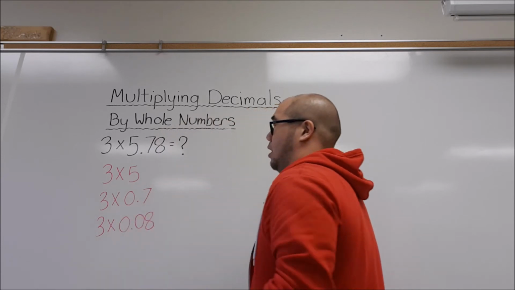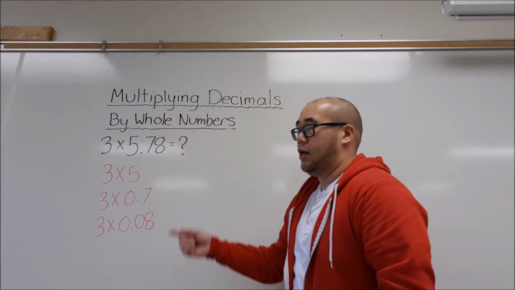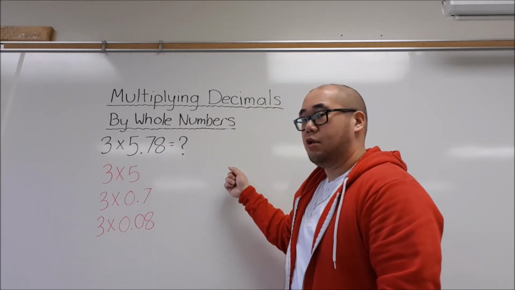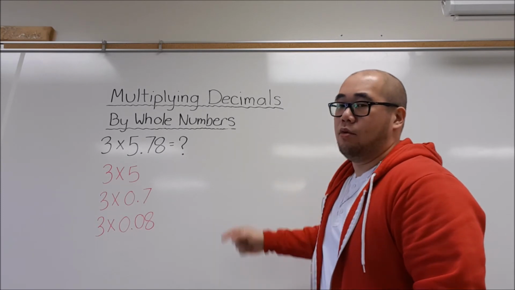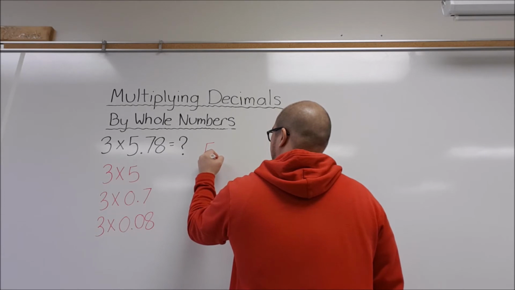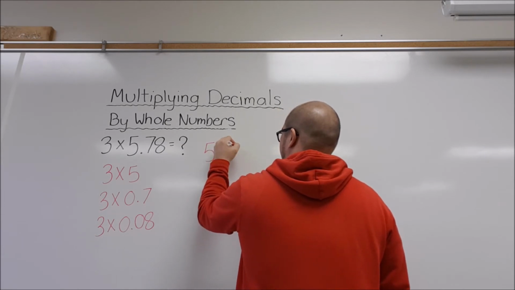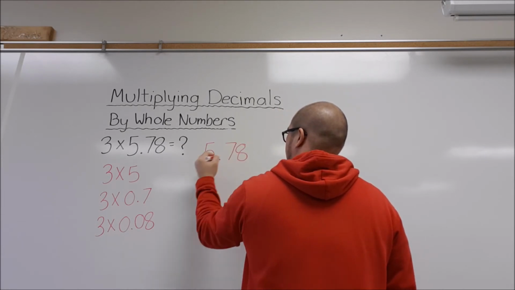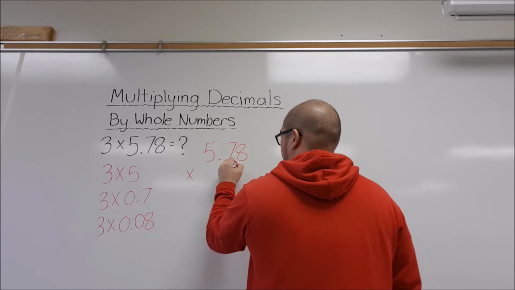And that's what's happening in this question here. I'm going to rewrite this so it's a bit easier, more simple for me to multiply. 5.78 times 3.